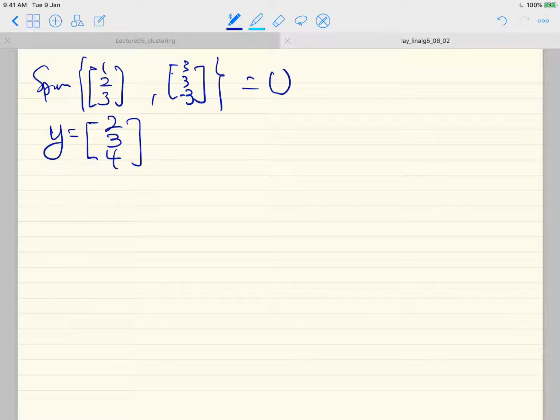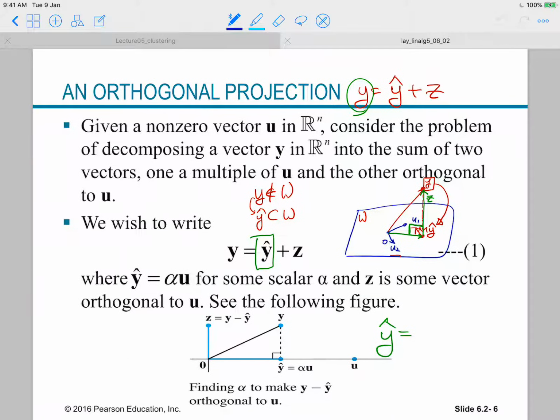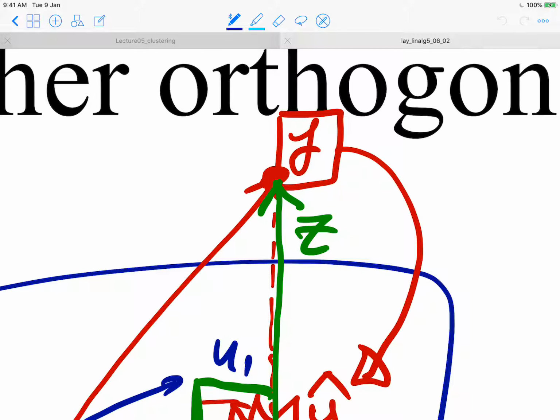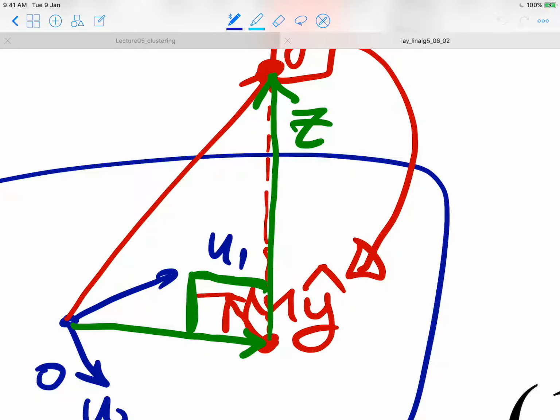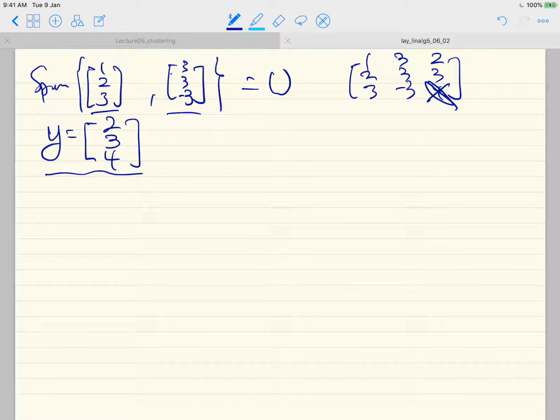If we form the matrix with 1, 2, 3, 3, 3, negative 3, and 2, 3, 4, and perform Gaussian elimination, it will probably have a pivot over here, so it will have no solution at all, right? But still, this guy can be viewed as a point like this, and we can think of its orthogonal projection onto the subspace spanned by these two orthogonal basis vectors.